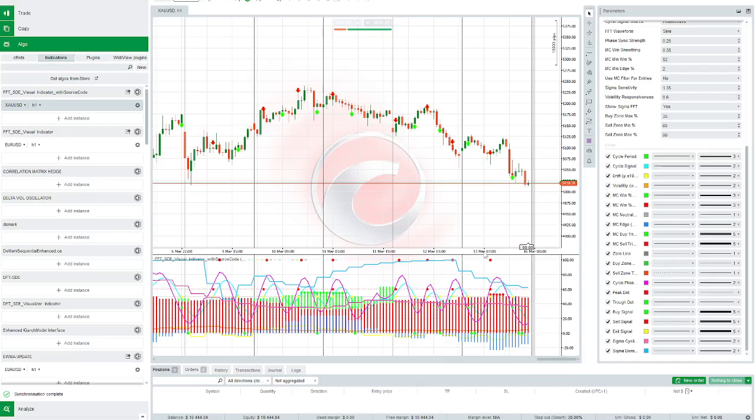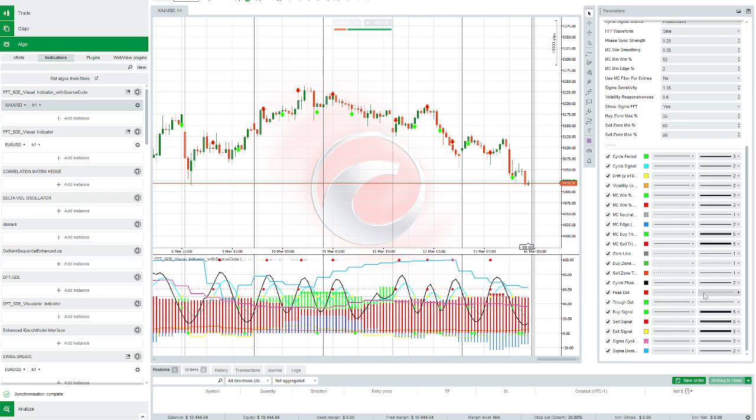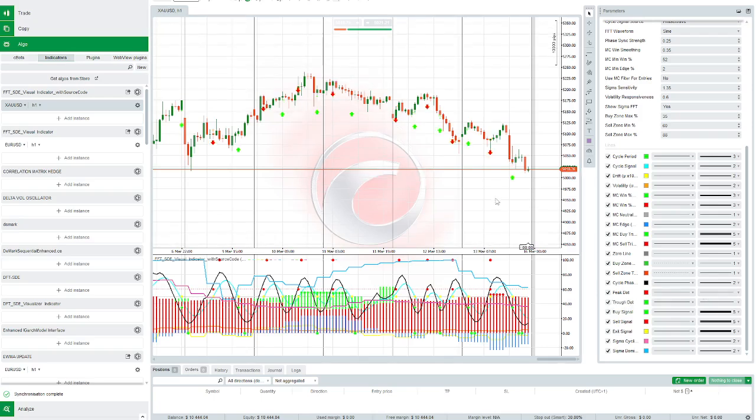So basically, I managed to put together a useful and highly sophisticated indicator which, in very basic terms, is able to show you on chart in the panel, only in the panel, the cyclicality of the market.